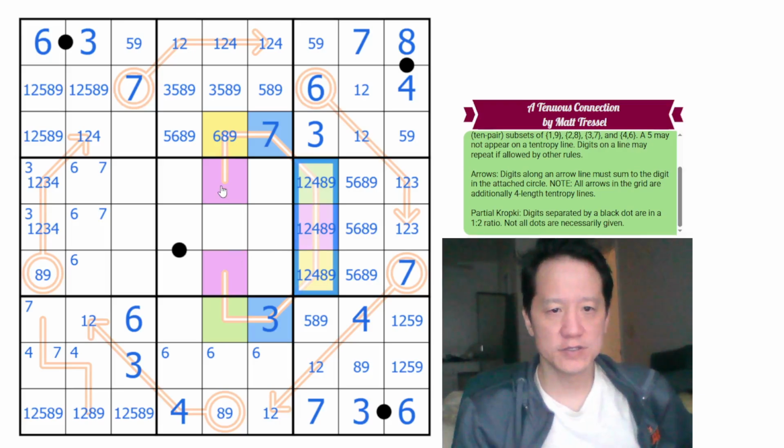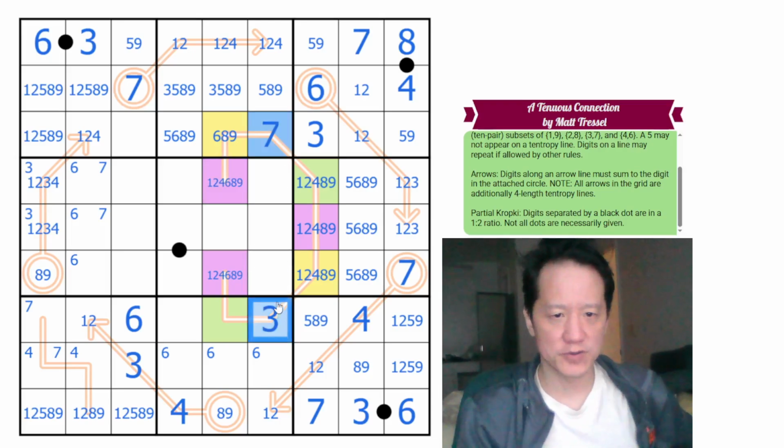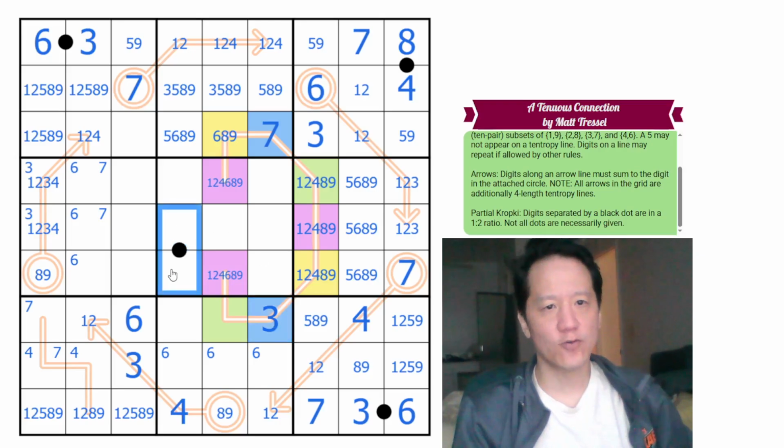So this is either 1, 2, 8, 9, or 4, 6. Cannot be 3, 7 because of the tentropy line. This cannot have a 4, and it cannot be 1, 2 adding together here, right?